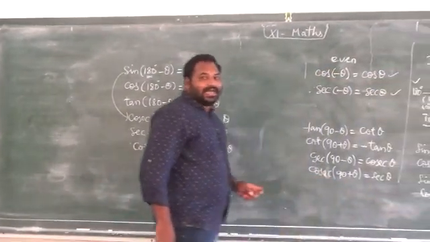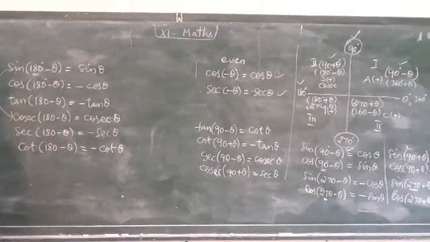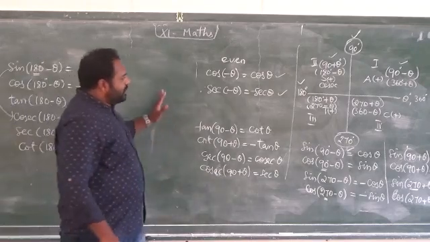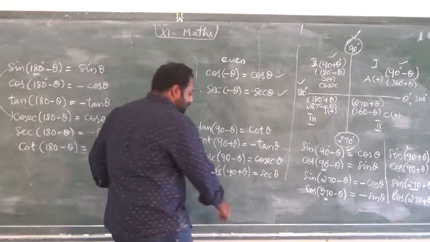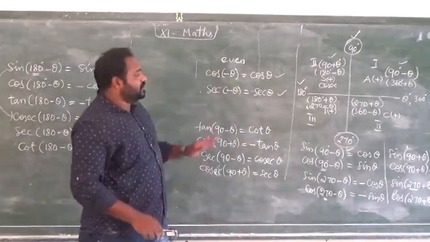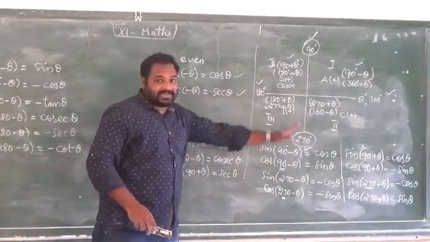Only cos and secant are positive. All other values will be negative. Using this basic knowledge we are going to solve many problems. If you go through this basic once or twice, it will be understandable.